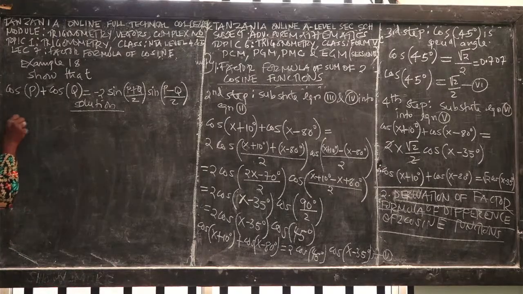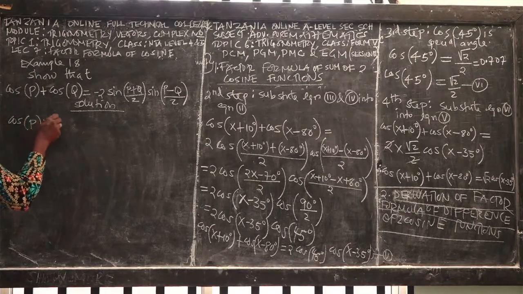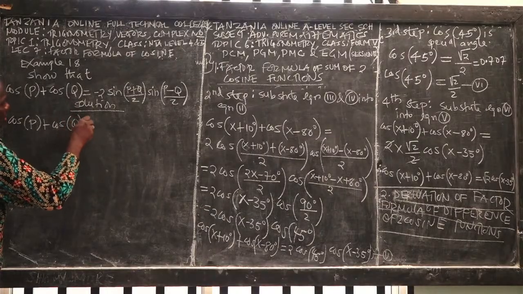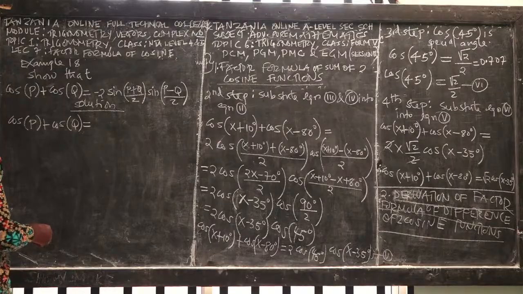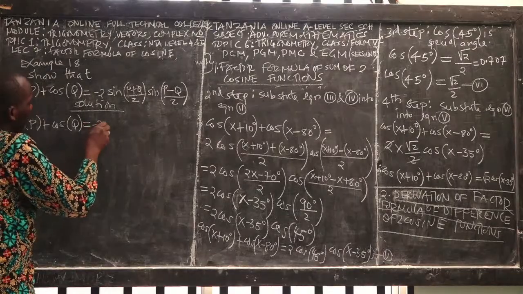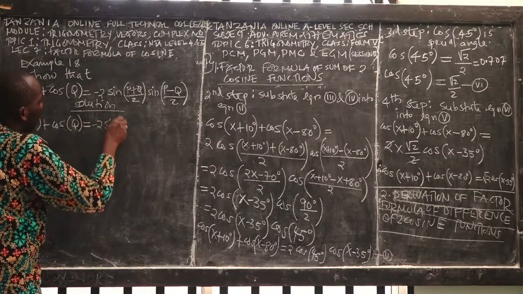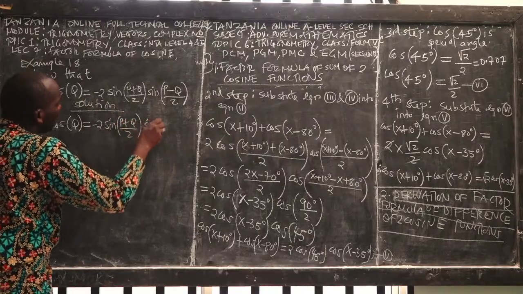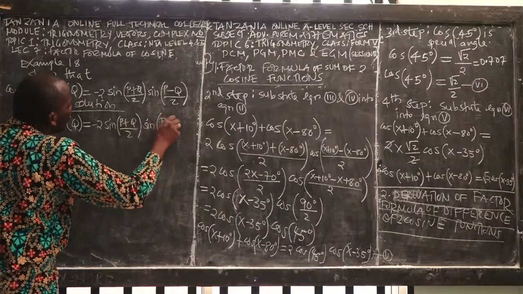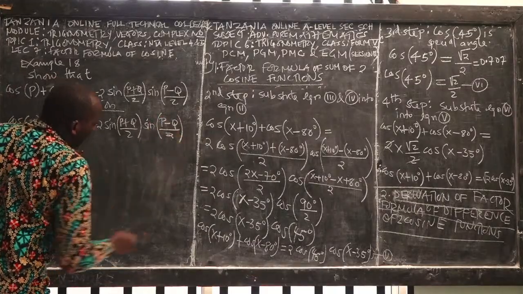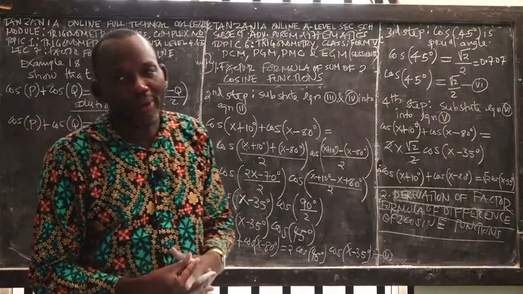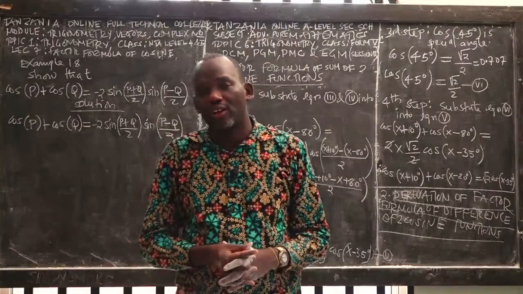So let us rewrite the given equation and assign it a number: cos of p plus cos of q equals 2 sine of p plus q over 2, then sine of.... So do you see, the right hand side of the factor formula of cosine is completely different from the right hand side of the factor formula of sine.